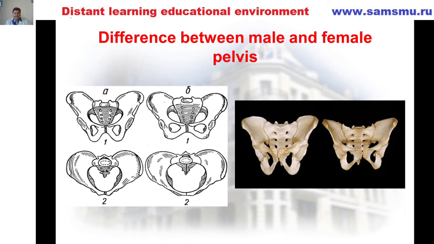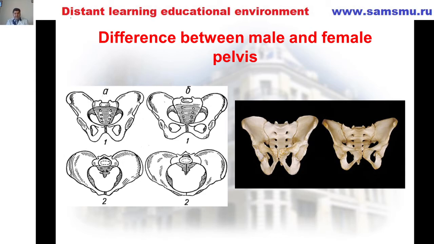In females, the ischial tuberosities are farther apart, and the protrusion of the coccyx to the front is less. The junction of the inferior pubic rami has the shape of a well-developed arch in the female pelvis, but forms an acute angle in the male pelvis.